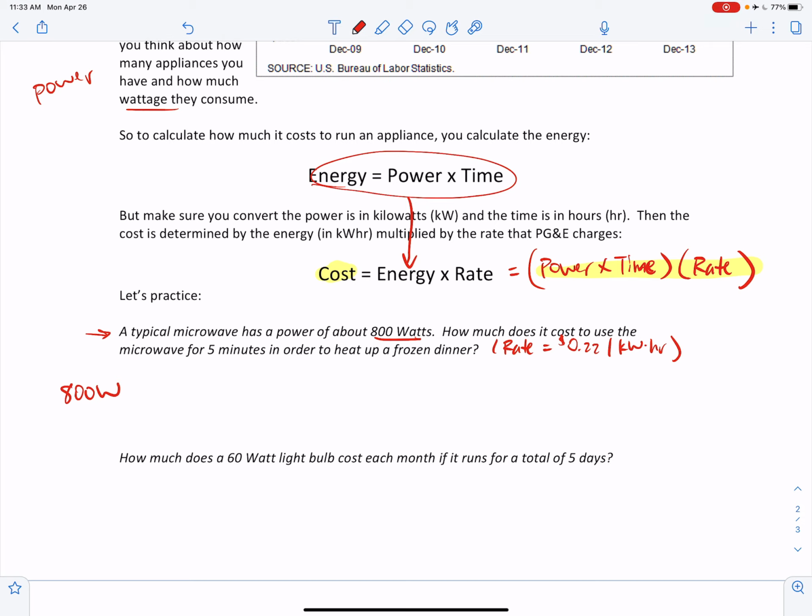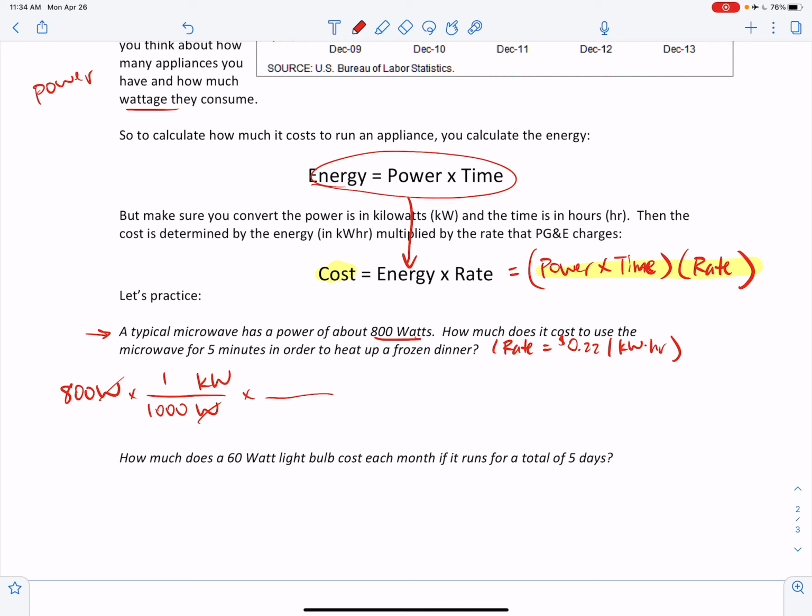So we need to go from watts to kilowatts, and we'll use some dimensional analysis. By definition, 1 kilowatt is 1,000 watts. All right, so watts are gone. Now we're going to go from kilowatts using this rate of 22 cents per kilowatt hour.